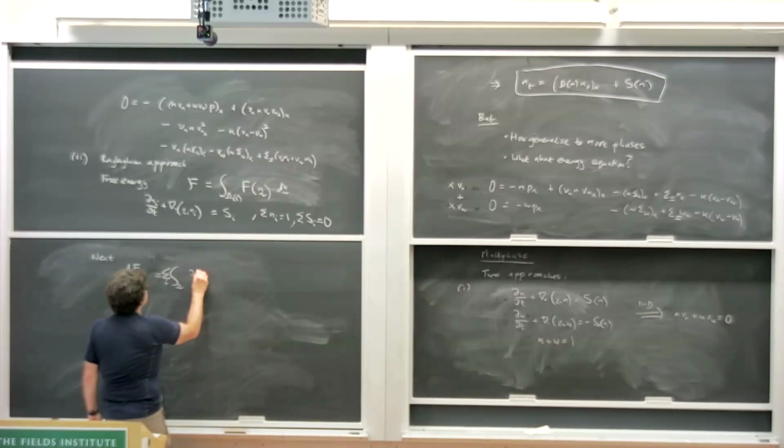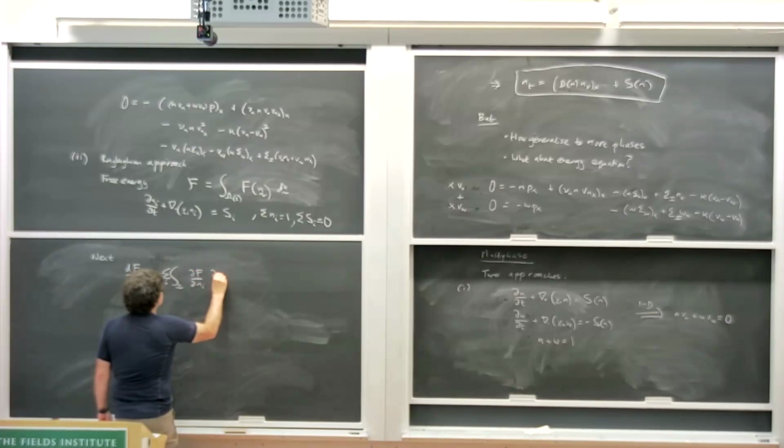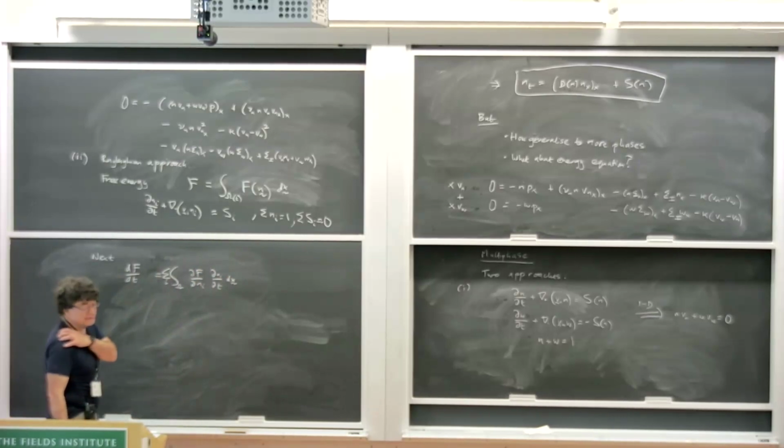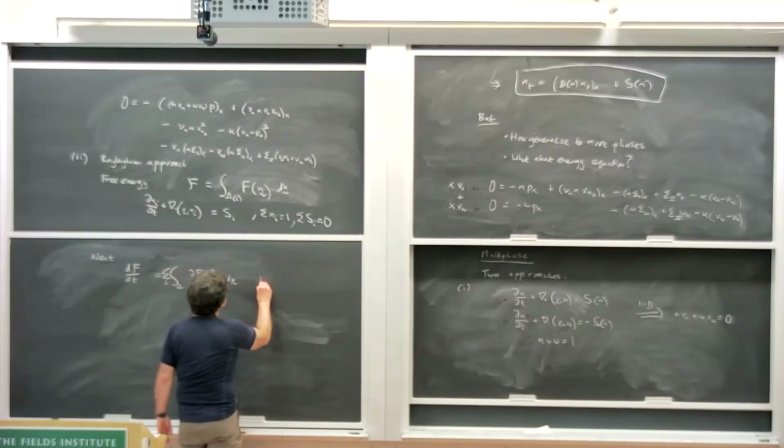Okay, so it's dF by dn_i, dn_i by dt. At this point I'm taking F to be only depending on n itself. There's other circumstances, and I may get to one at the end, where you want it to depend on derivatives and things as well, but I'll come back to that.